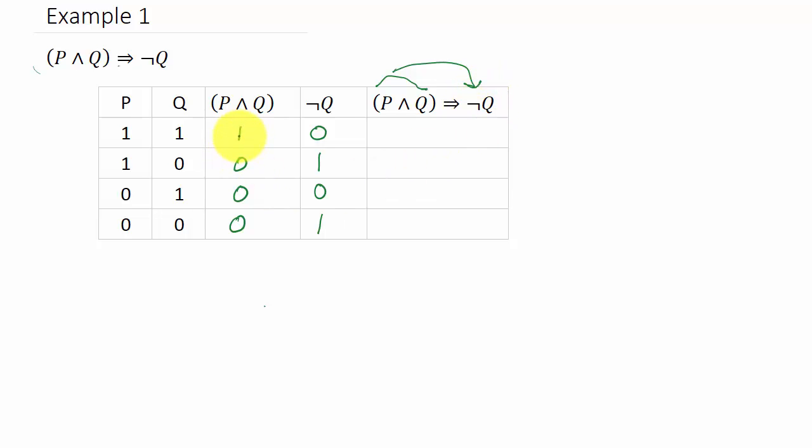Let's see. See how this is true and this one's false? So that means it's false. And then here, remember, any other time implies it's true. So see, this is false, true, so that would be true. False, false, so that would be true. And false, true, that would be true. And so this would be our answer.